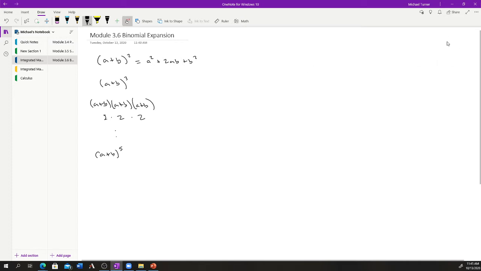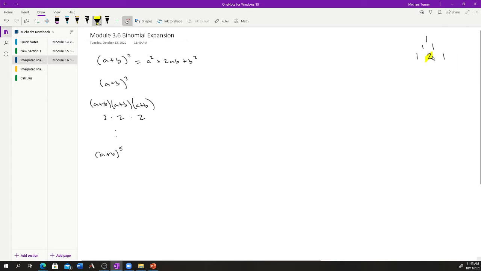But for now, we're going to be using what's known as Pascal's triangle. You may be familiar with Pascal's triangle. What happens is that we start out with a 1 here on the top, and then we do 1, 1. And then we have 1, 2, 1. And so every row down from here, we are going to be adding the 2 numbers that are immediately above it.